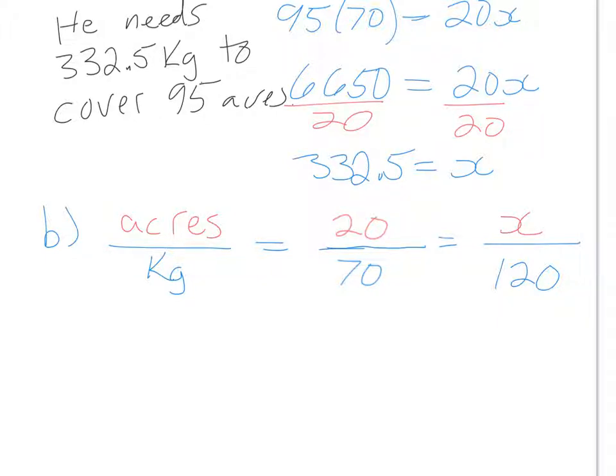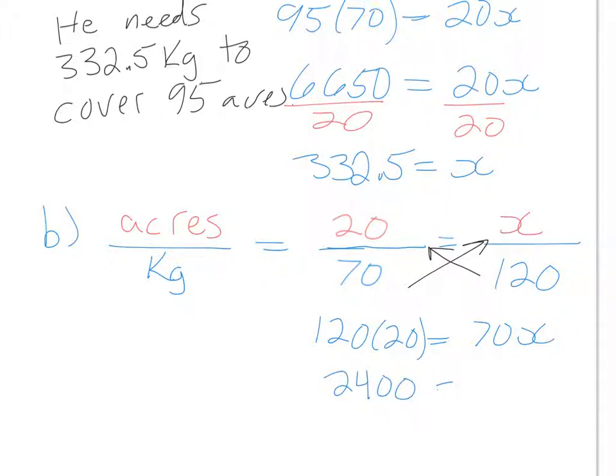Once we've got that set up, we cross multiply, and we have 70X, and then 120 times 20 gives us 2,400, and we still have 70X over here.